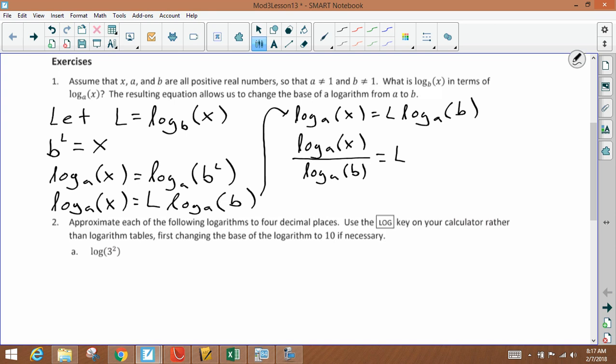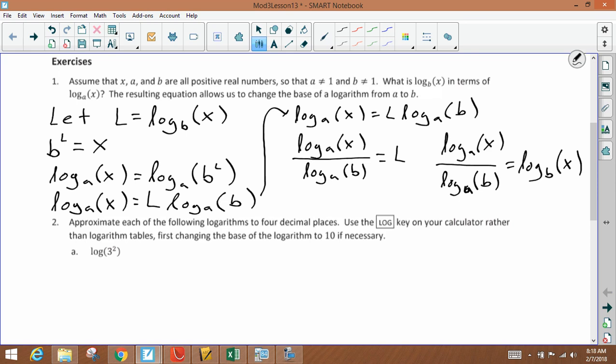Remember at the very beginning we said that L was log base b of x. So I'm going to substitute that back in. And I get the equation that log base a of x over log base a of b is log base b of x. So what did I just do? I just changed the base.